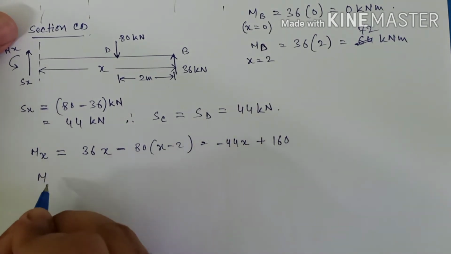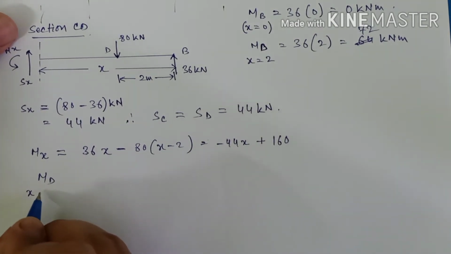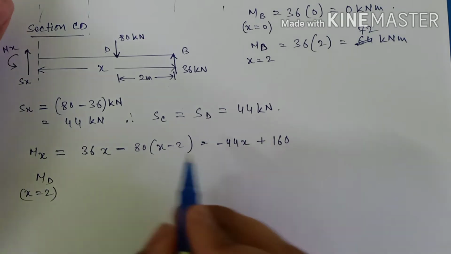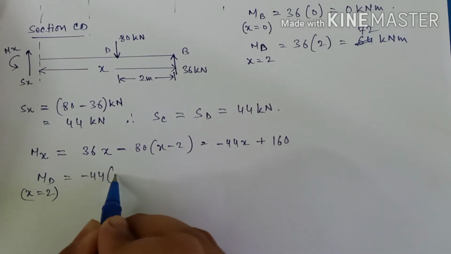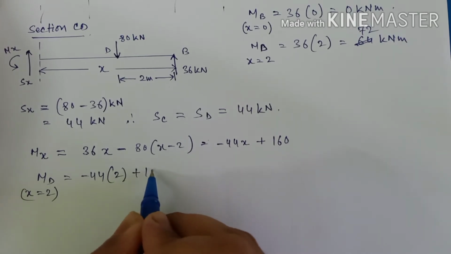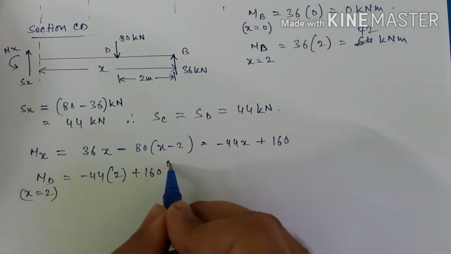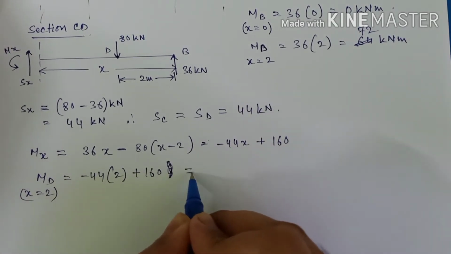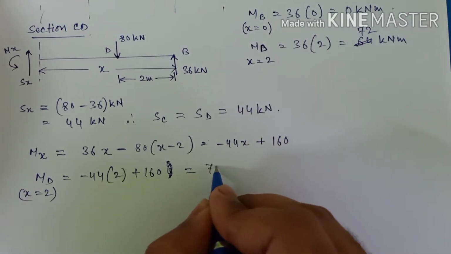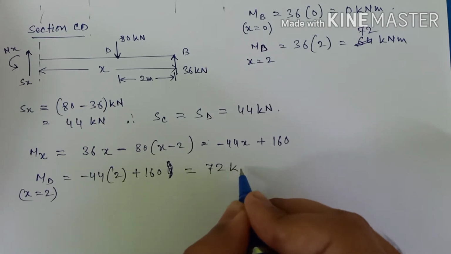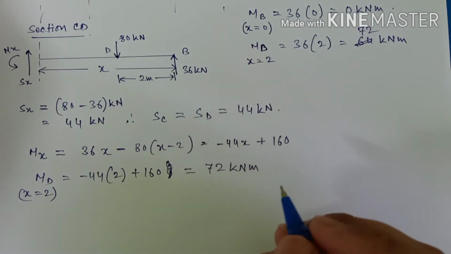So bending moment at D, when x equals 2, just put x equals 2, so it will be minus 44 multiplied by 2 plus 160. So it will give you a value of, let me check once, 72, yeah, 72 kilonewton meter.